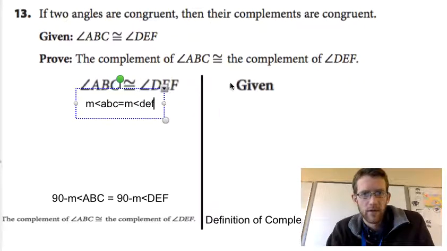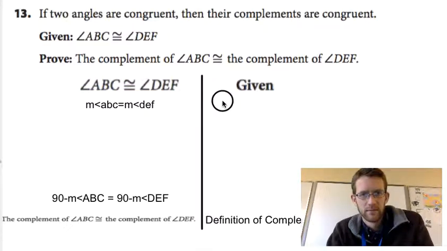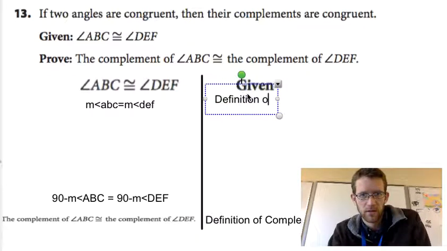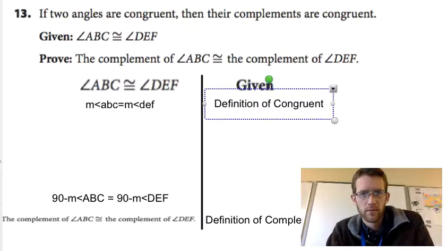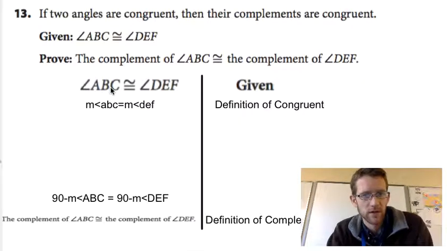Right? How do we get from there to there? Well, that's the definition of congruent. Because these two angles are congruent, the measurements of those angles are the same. So that's where the equal sign comes in.